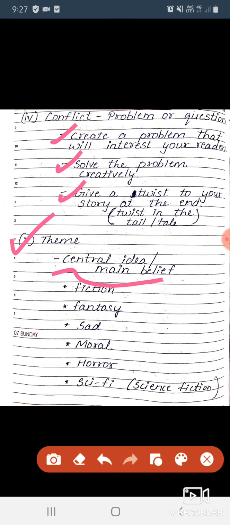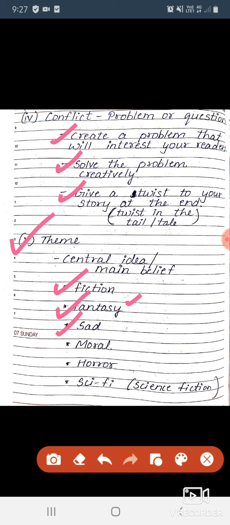Then the theme. The theme is the central idea or the main belief of the story. Your theme can either be fiction. Fiction is an imaginary story. It can either be fantasy. Now, fantasy is an imaginary story which is not real, which is not realistic. It involves magic and other factors which actually don't happen in real life.